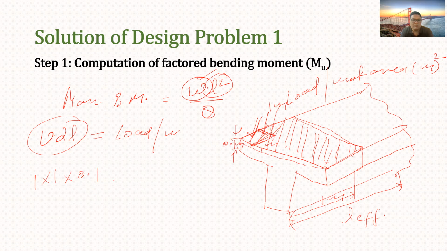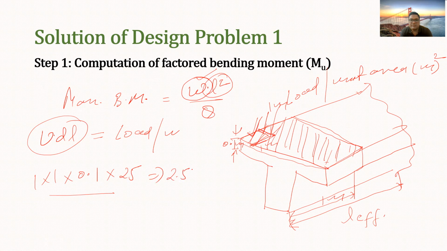So 0.1 meter multiplied by the density of the material. As we have RCC, the density will be 25. With this, we can find out the load intensity per unit area.